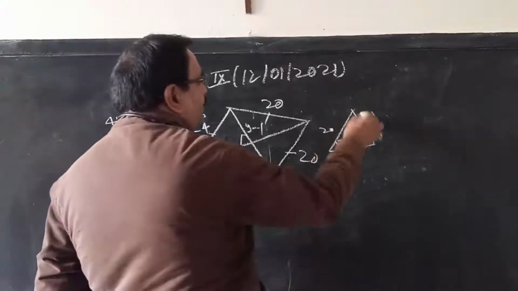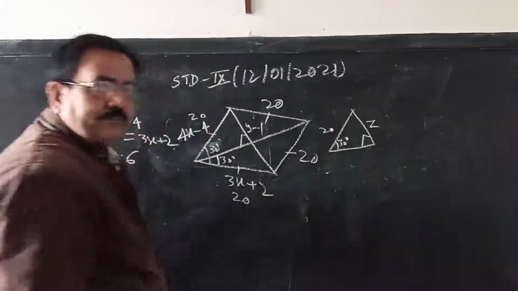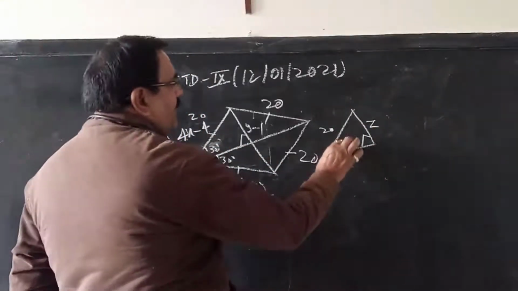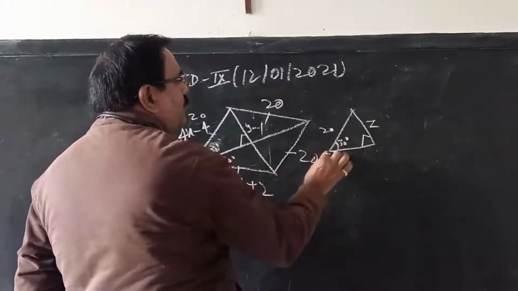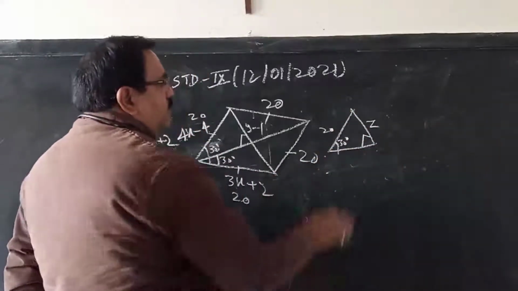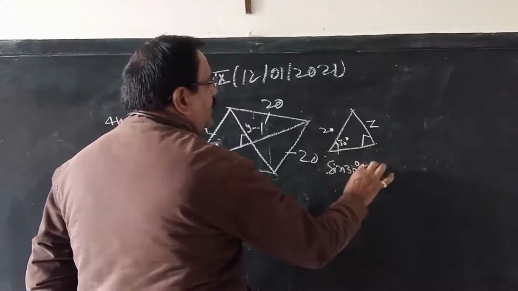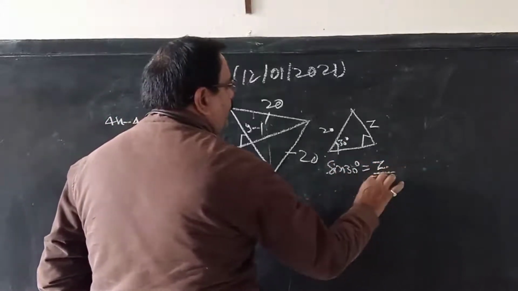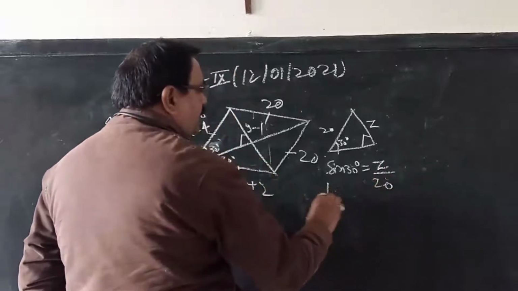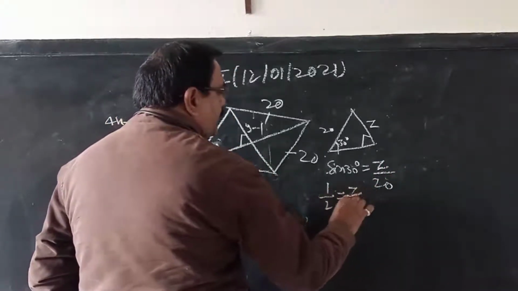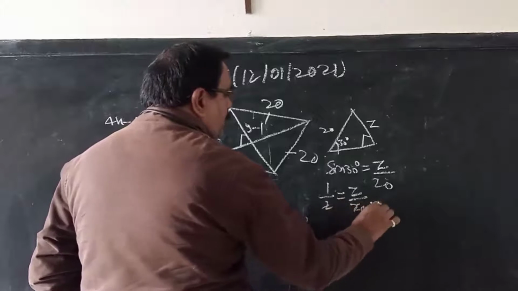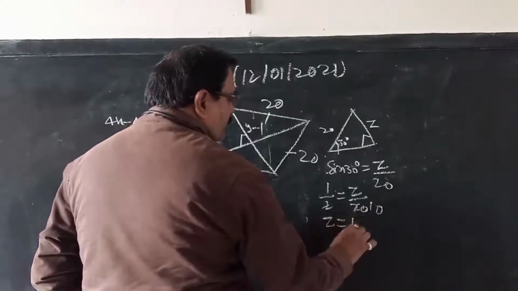We have to find this length, suppose it is Z. Taking this angle, this is the perpendicular, this is the hypotenuse. So sin 30 equals perpendicular Z over hypotenuse 20. Sin 30 is 1 by 2, so Z by 20 equals 1 by 2, which means Z is equal to 10.